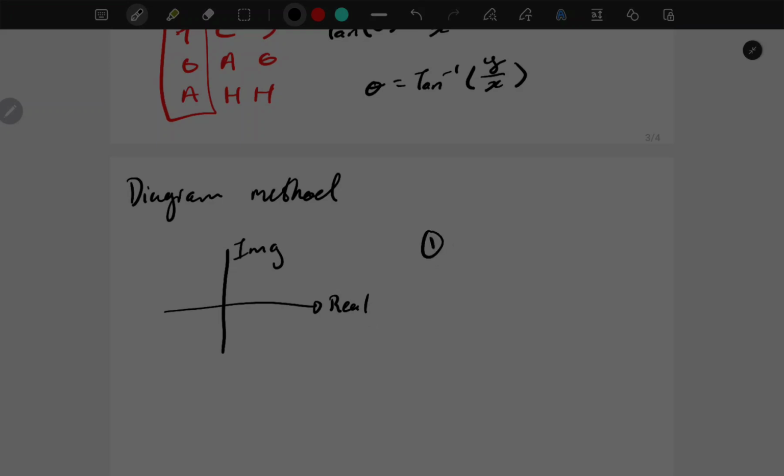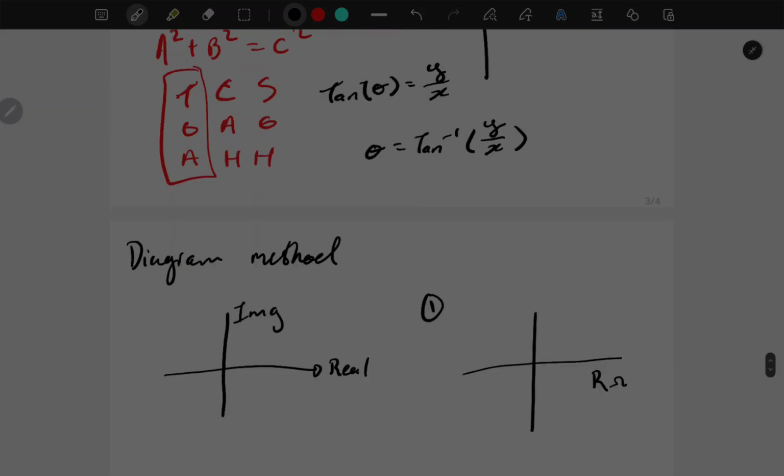So for your first diagram, you're going to have your resistor on the x-axis. So here's your diagram. This is your resistor in ohms, right?